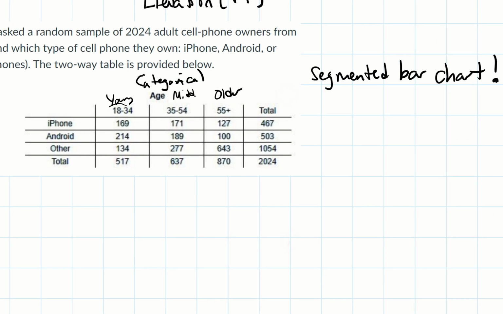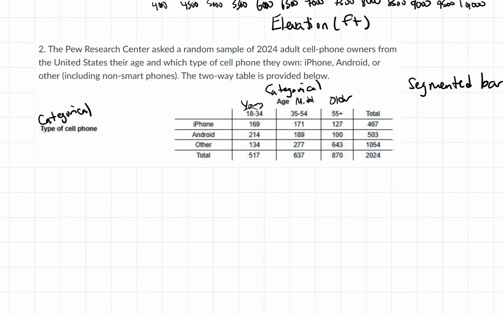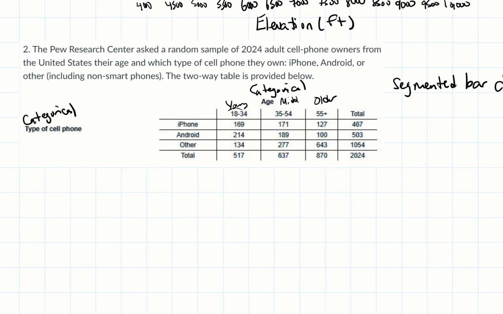Okay, so we got our segmented bar chart. Now, which one is my explanatory variable? If you think about it, there might be a relationship between age and the type of cell phone used. Maybe older people tend to use fewer smartphones, right? iPhone is a smartphone, and Android is a smartphone.